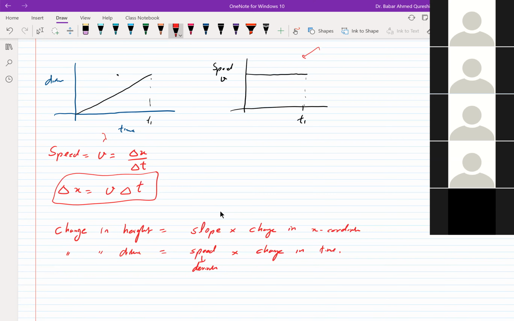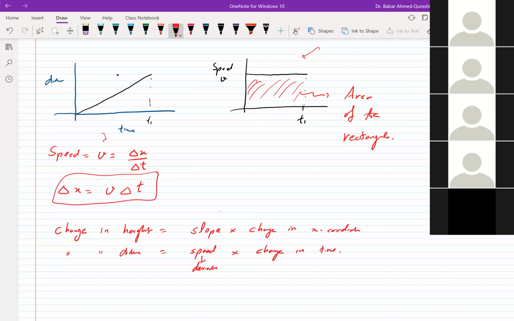But what is this? This is a straight line and this is a straight line. If I multiply them, I get the area of the rectangle. So to get the change in height, all you have to do, if it's a straight line, is compute the area of the corresponding rectangle in the rate of change graph, like over here.